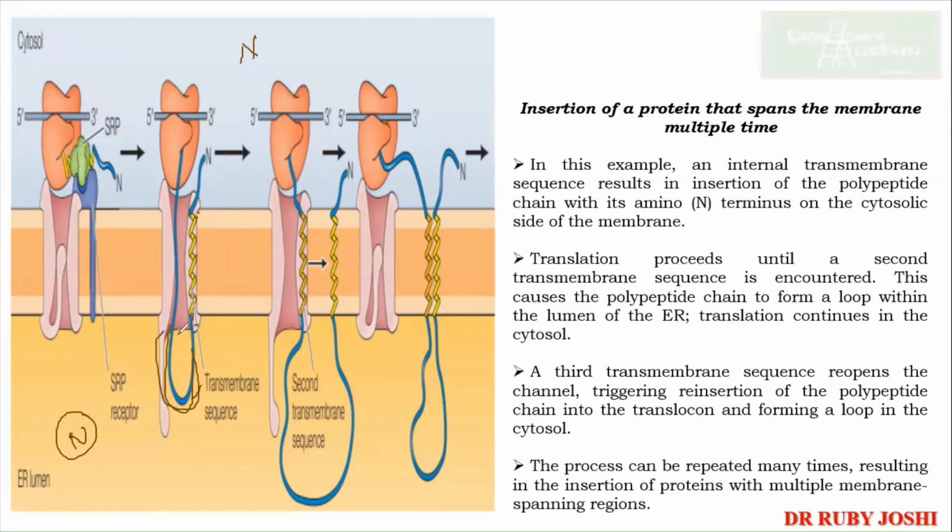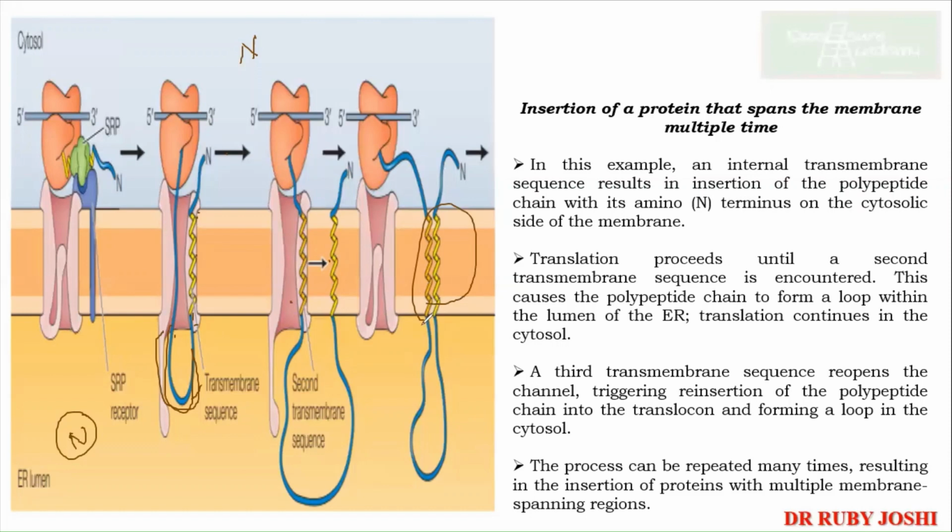Again, it understands that one more time hydrophobic amino acids are coming. So before that, it pushes and this comes outside. Then again the second part, the second hydrophobic alpha helix will come and it will be pushed into your plasma membrane. So this process can be repeated many times till all the multiple membrane spanning regions have been completed.